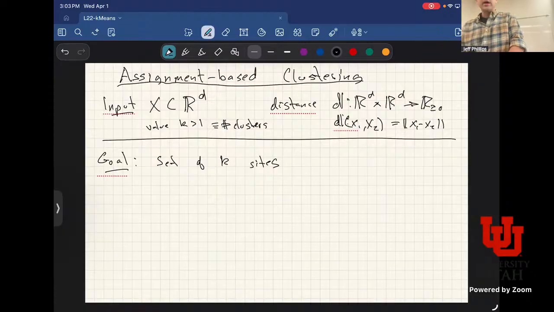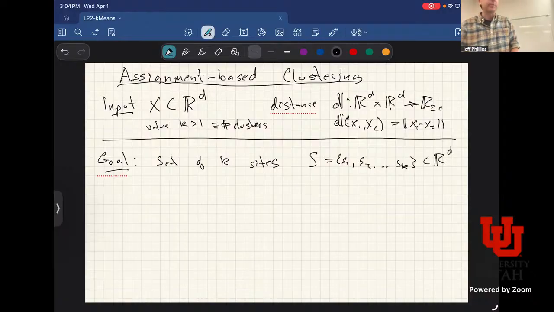In the last class on Monday, I started writing down some notation which I think was non-optimal and did not match the book. So I'm going to go back to notation where S is the set of the sites, and these lowercase s's are points in R^d.